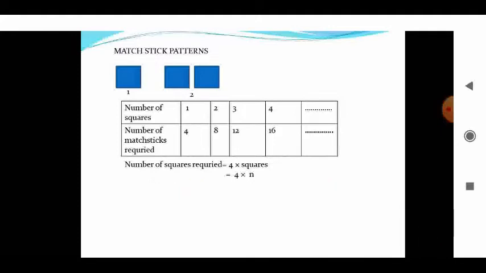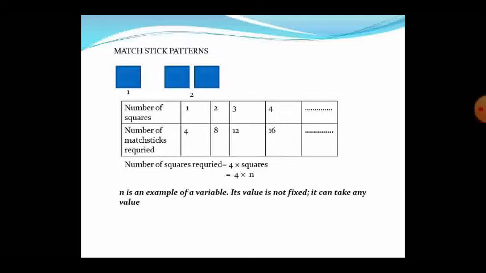You need 200 matchsticks to arrange 50 squares. If you apply this rule, you can get it easily. That is the reason algebra and its properties are very important.